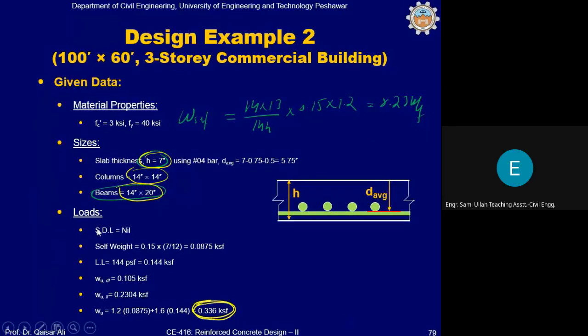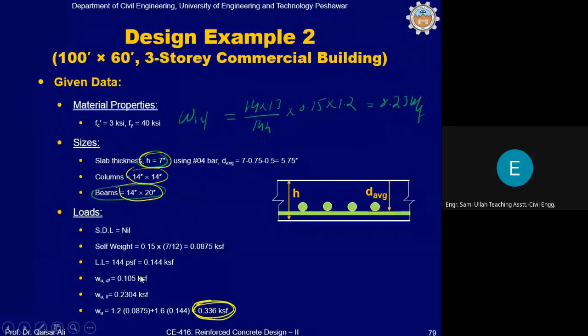Coming to the load, superimposed dead load is 0. There is no superimposed dead load. Self weight is thickness of slab multiplied by unit weight, 0.0875. Live load is 144 psf.